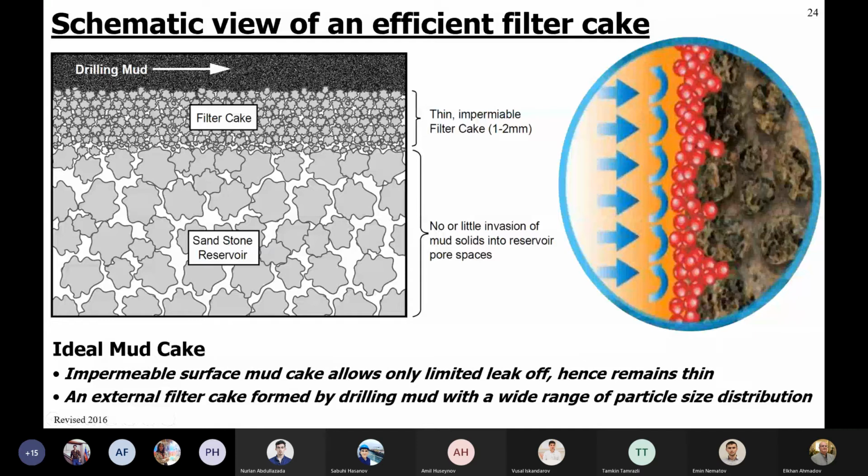Therefore, we are looking for a wide range of solid particle sizes in the drilling fluid.